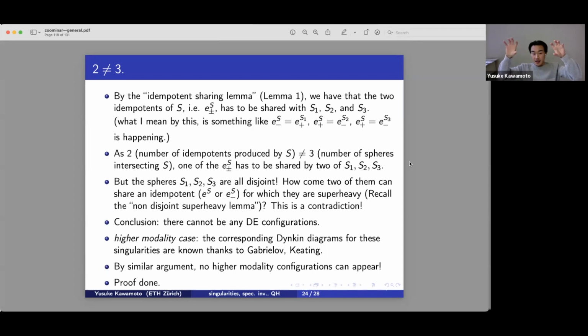If you have an A_m singular configuration, so you have m spheres sitting next to each other, you can say that m-1 of those idempotents give rise to different Entov-Polterovich quasimorphisms, because you can find basically two spheres that are disjoint.